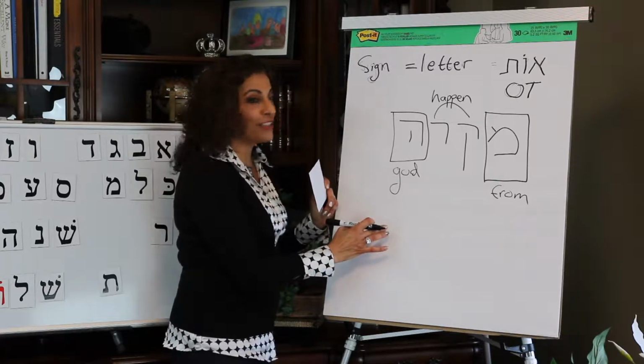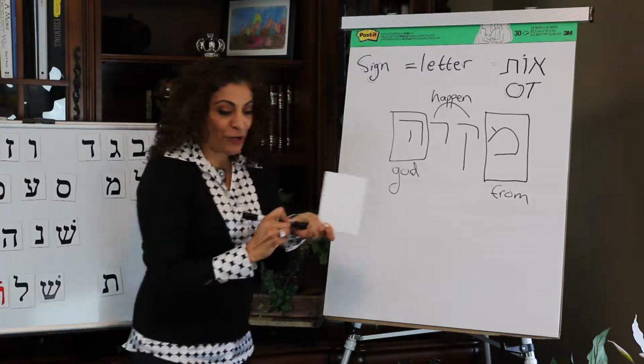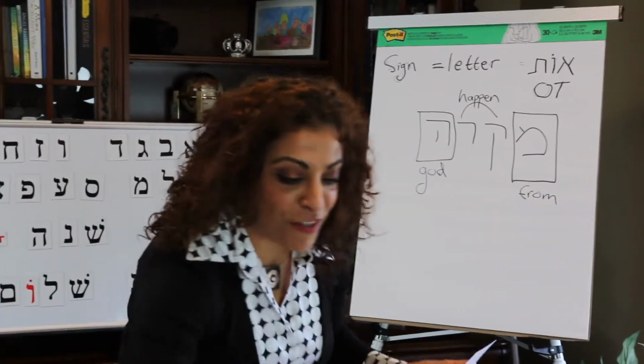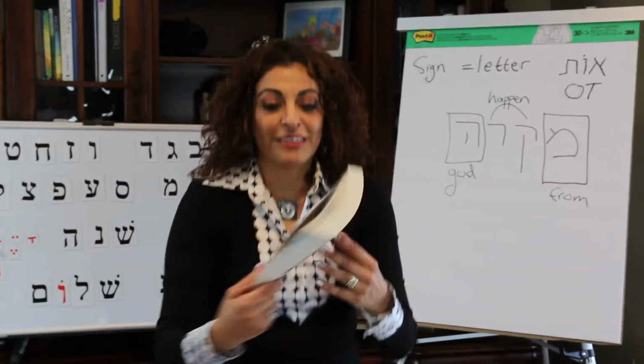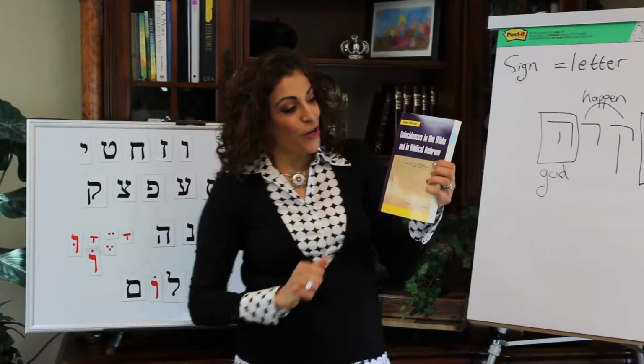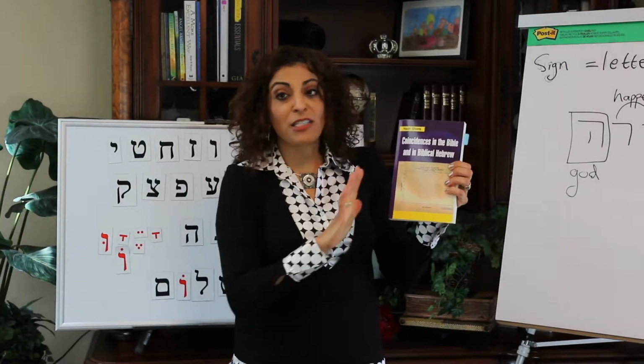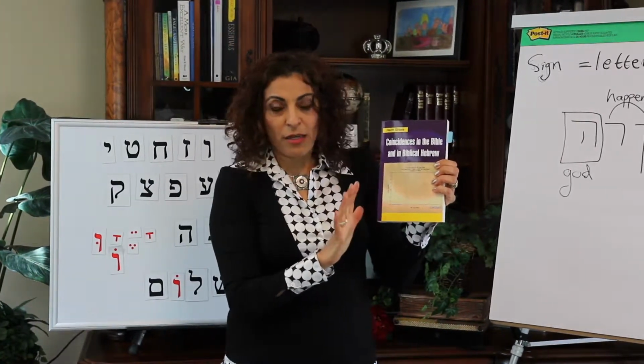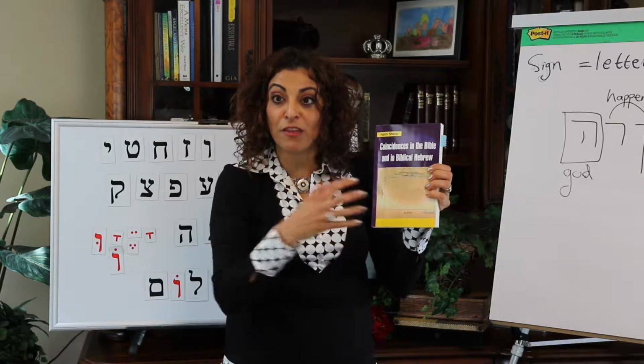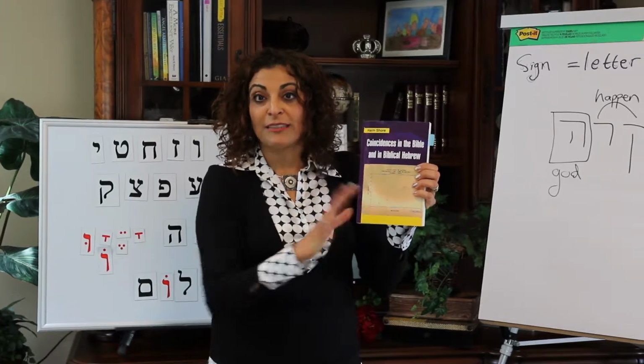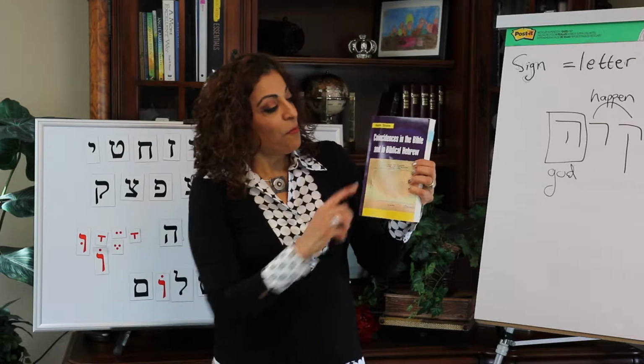Now, is it really a coincidence? This book by Professor Chaim Shor is a fascinating book, really. It's in a very scientific way, but I think it's fascinating, and I'll share with you some of the things written in this book that I think are amazing.